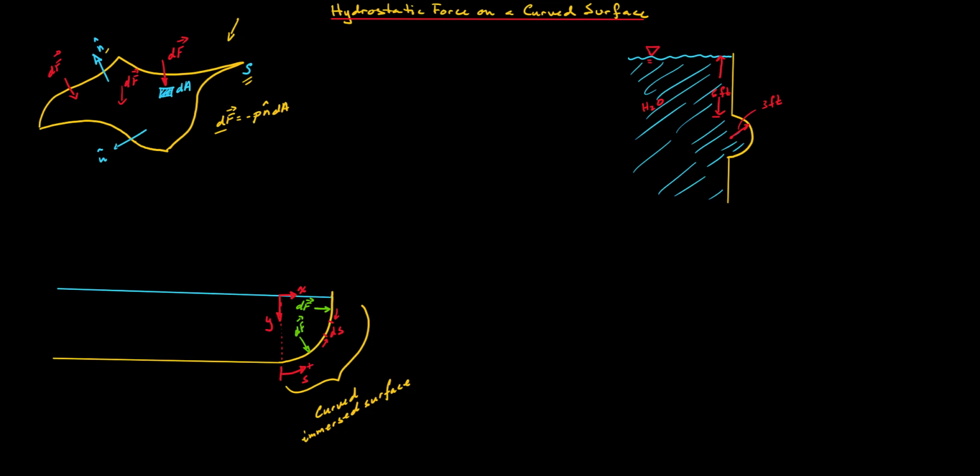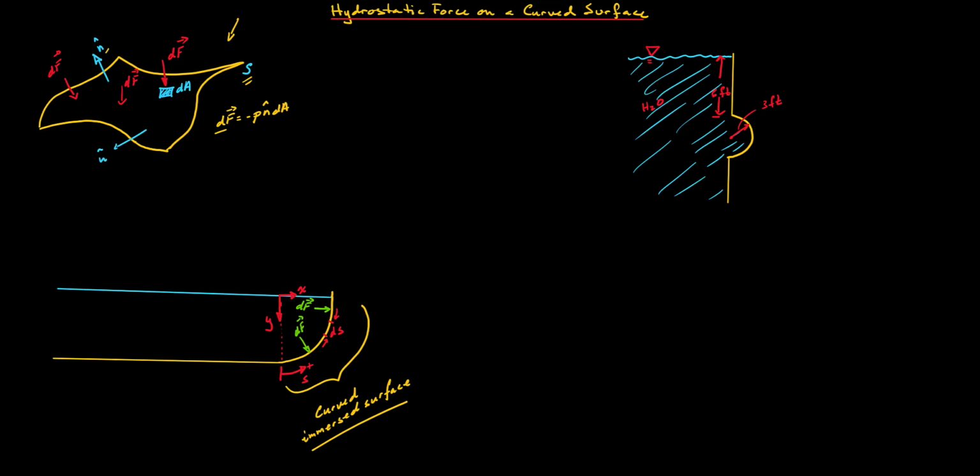All right, so let's consider this curved immersed surface. We have some sort of tank, and on the rightmost edge, we can see that it forms perhaps a quarter circle, but we're trying to keep it fairly arbitrary at this point.